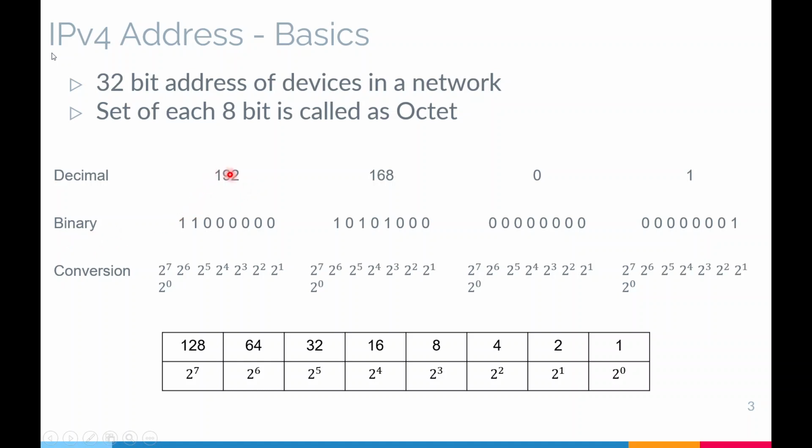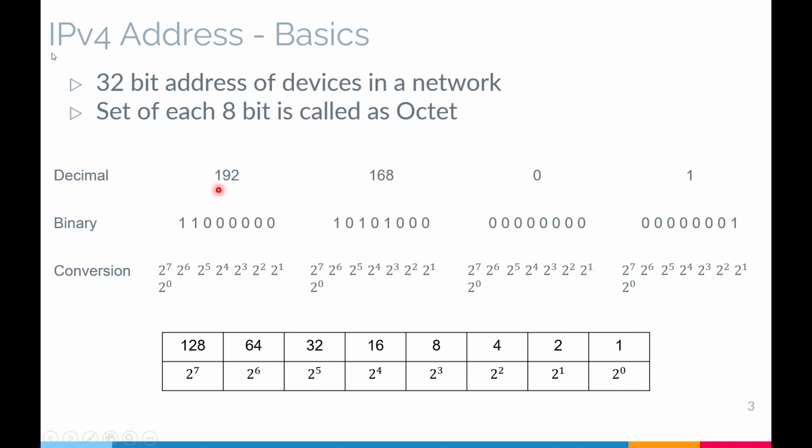So to convert decimal to binary, we use the powers of 2 because it's base 2. It starts from 2 to the power 0 until 2 to the power 7, so a total of 8 places. Now let's understand how we convert this 192 to binary.